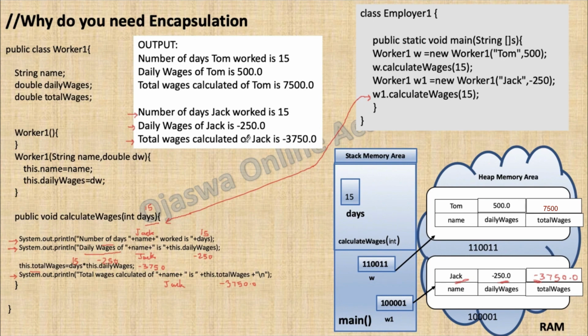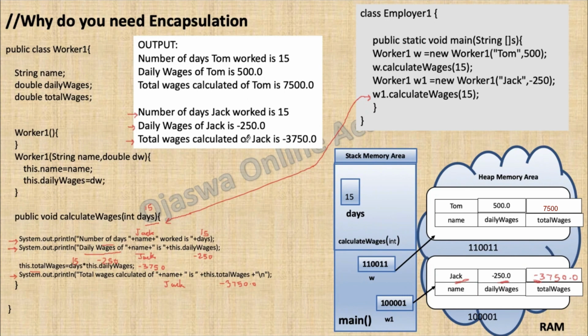Now in this example, is it a valid thing to assign daily wages of a worker as a negative amount? It isn't. If it is 0, that means the worker was absent. But it shouldn't be a negative amount. This is not a right thing to do. You shouldn't assign daily wages of a worker as a negative value. So how will you restrict the employer class from assigning a negative value?